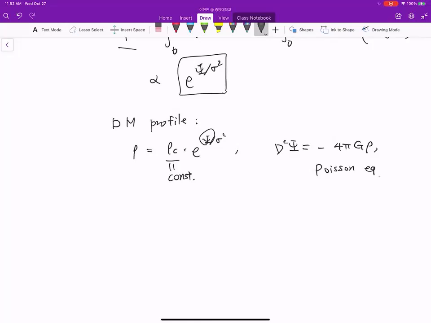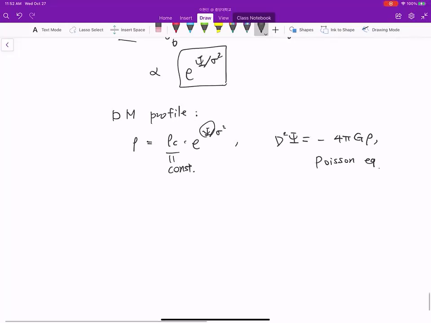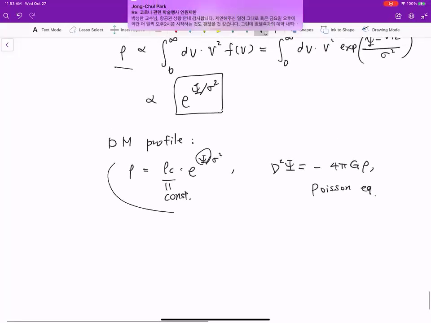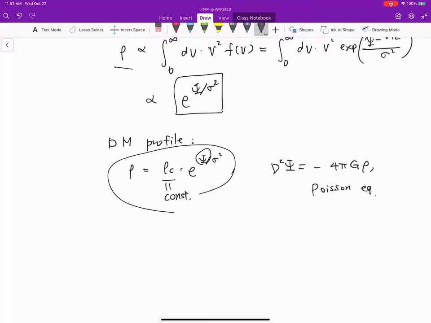So rho is the energy density, and then the gravitational potential is determined by and responds to the energy density, so locally determined, right? And then we have a relation here between rho and psi.